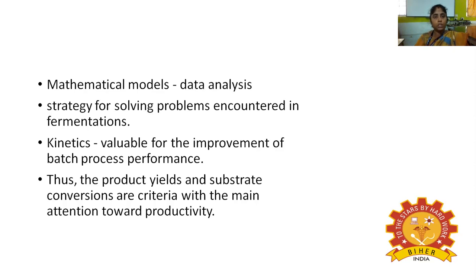So it is used to determine whether it follows first order or second order kinetics, and to solve any problem encountered in a fermentation process. Whatever product is yielded by utilizing the substrate makes productivity increase, and so the product is higher, and we can determine whether it follows first order or second order kinetics.